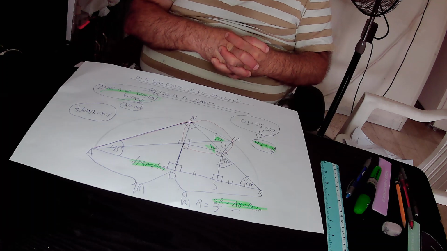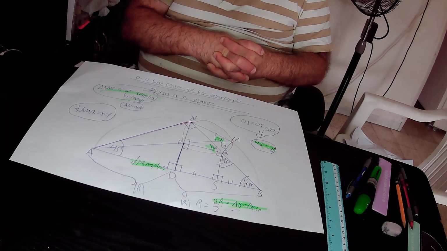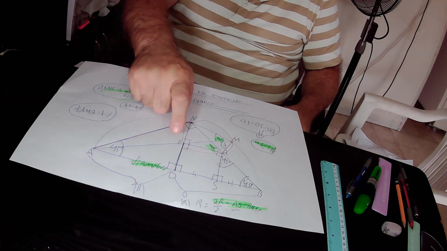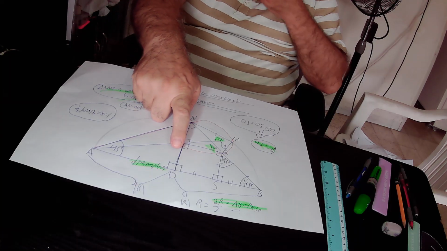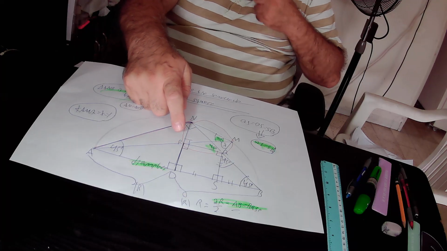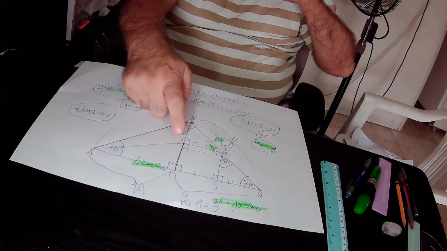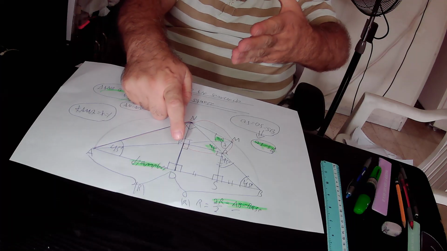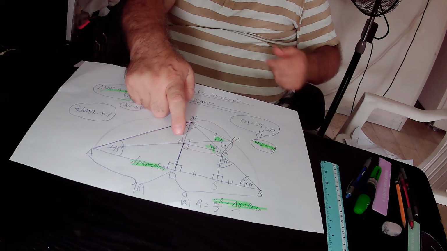And the question is where the perpendicular from point N will touch the base AB. Because the perpendicular from point N bisects the base AB, it must touch the base AB at its midpoint. What is the midpoint of AB?